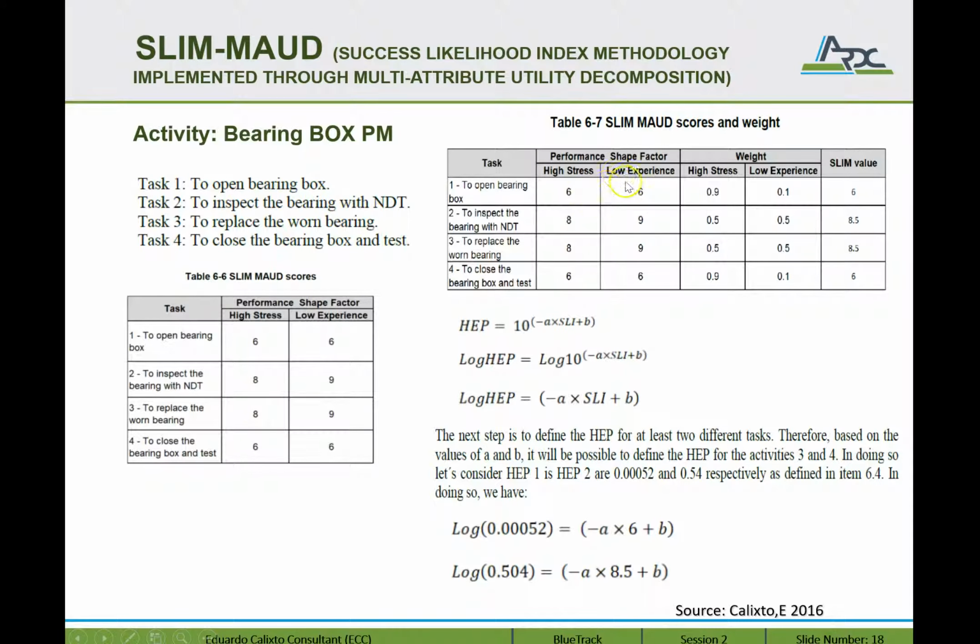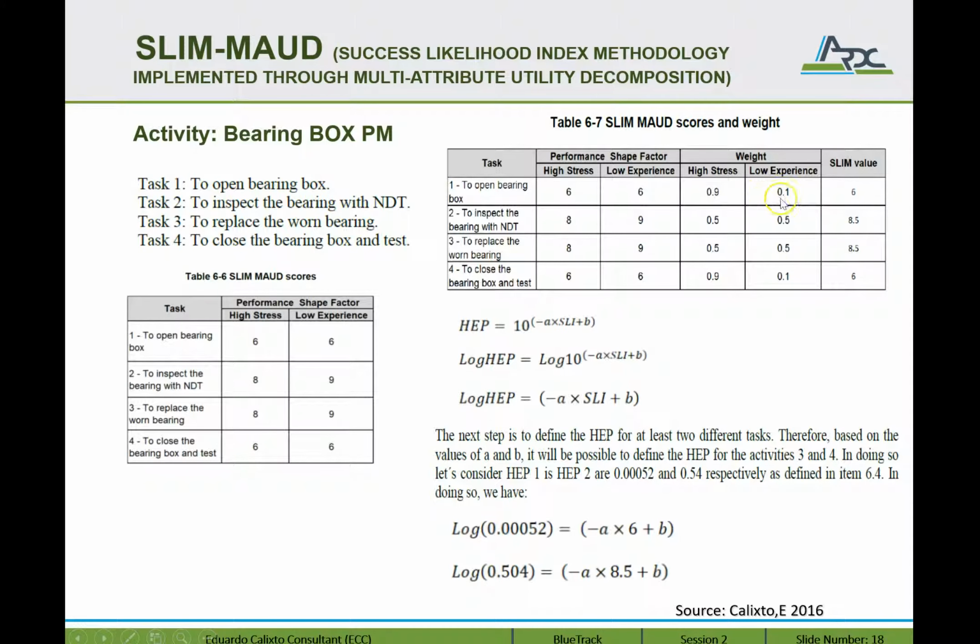So the second step, since I defined the scores for these two performance factors, stress and experience, I will put some weights. The weights are how much percent each of the performance factors influences human error. So 90% is stress, and 10% is low experience, and so on.